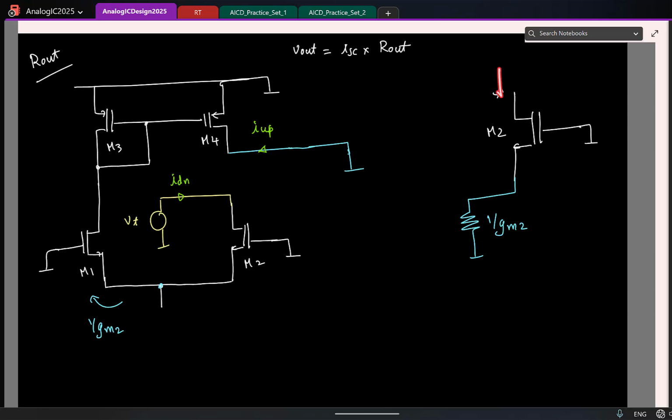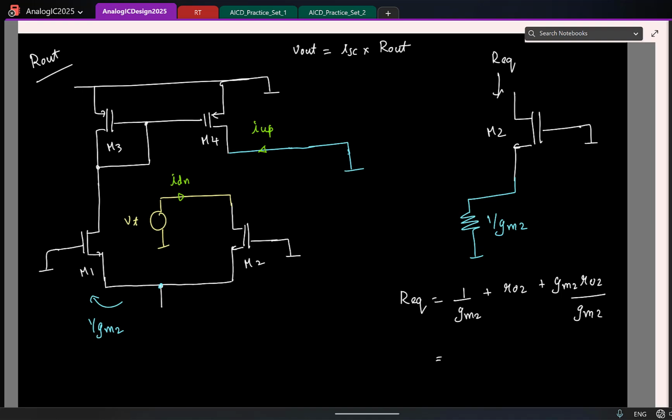Now I'm trying to find the resistance looking into the drain. What does this configuration remind you of? Cascode. So what is the equivalent resistance I will see? It is essentially the resistance I have here, which is 1 by Gm2 plus R0 of the cascode device, which is R02 plus Gm2 R02 times 1 by Gm2.